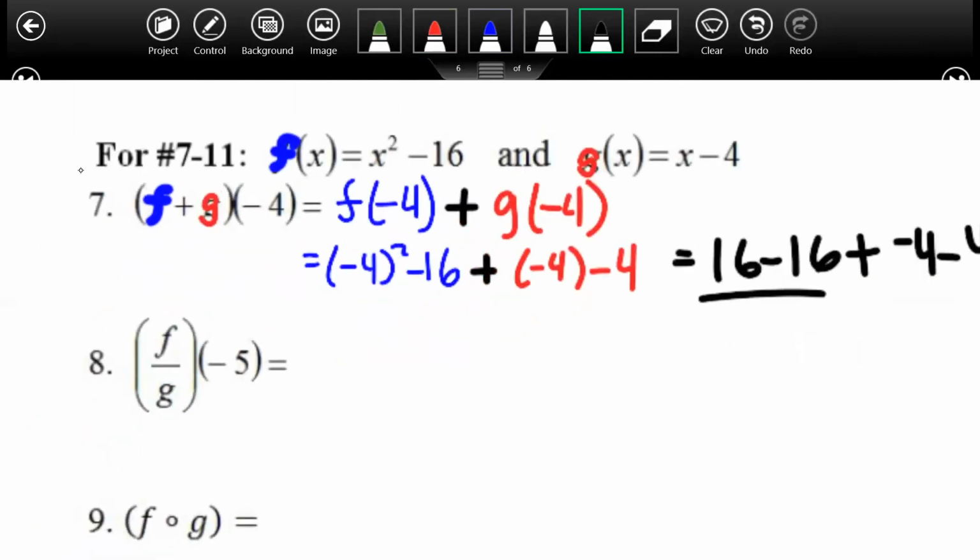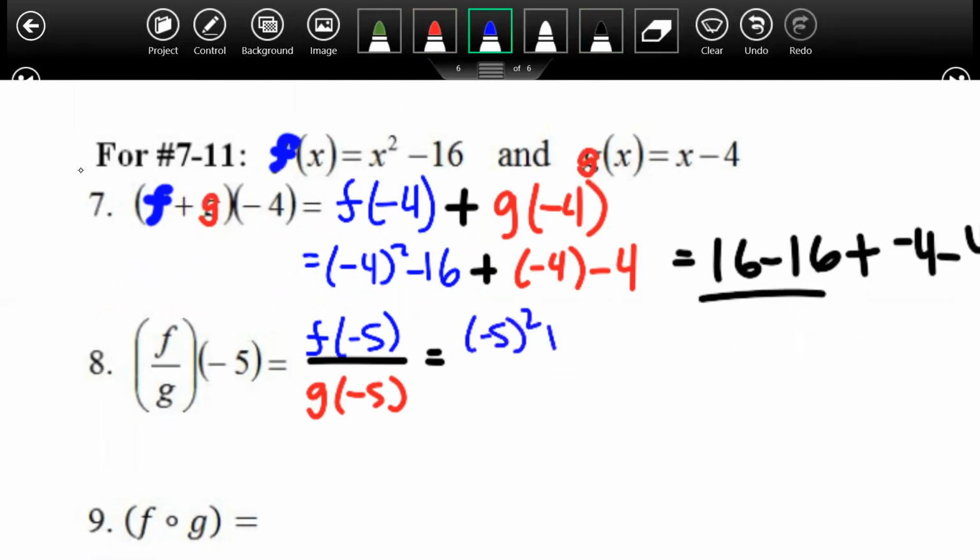Looking at our function value for the bottom one, this is now going to be f of -5 on the top divided by g of -5. So we're just inputting these function values in. This is still going to be -5 squared minus 16 all over -5 minus 4.